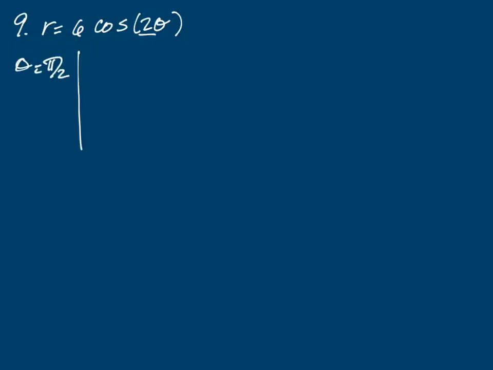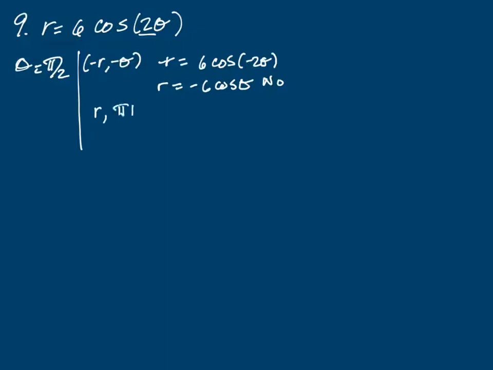So that would be negative r, negative theta first, which is negative r equals 6 cosine of negative 2 theta. So r equals negative 6 cosine 2 theta. So that's a no. So now I'm going to check r and pi minus theta.